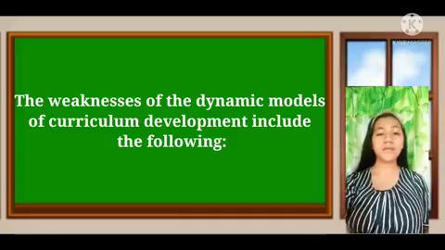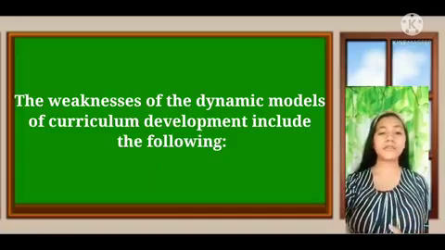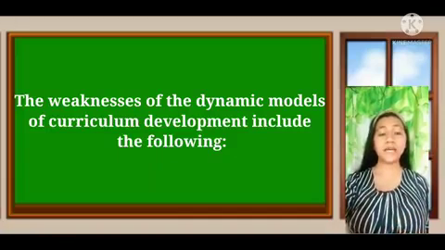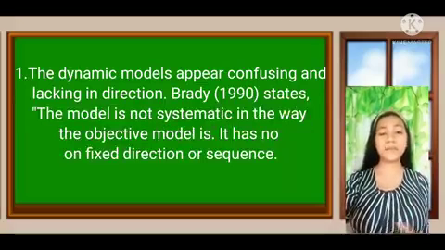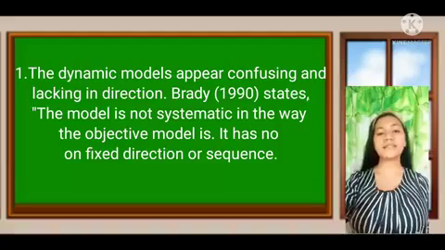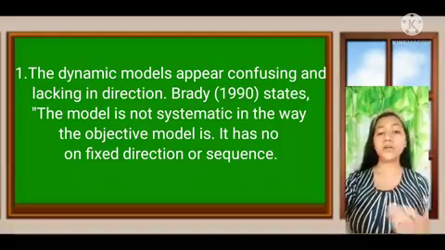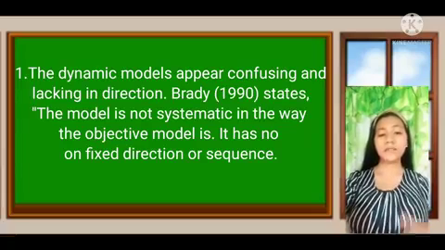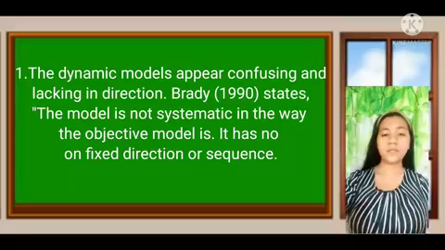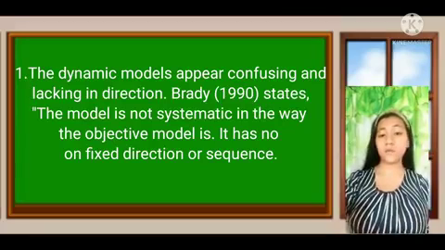Now we have here the weaknesses of the dynamic models of curriculum development, and it includes the following. First, dynamic models appear confusing and lacking in direction. According to Brady of 1990, the model is not systematic in the way that the objective model is. It has no fixed direction or sequence.